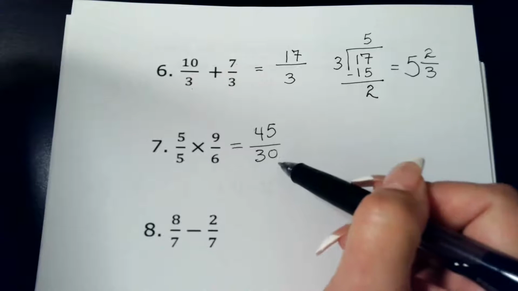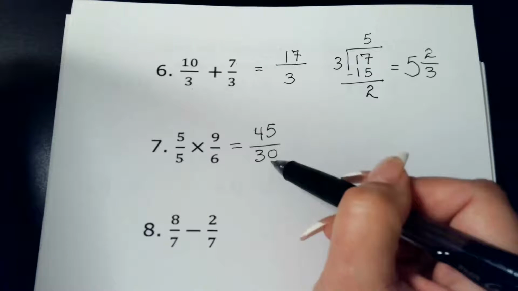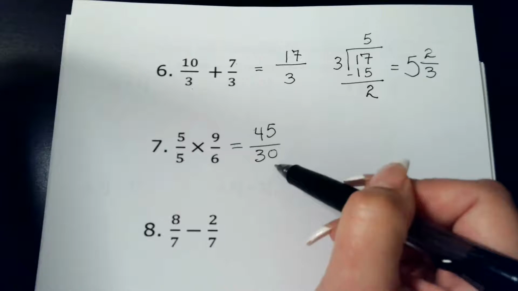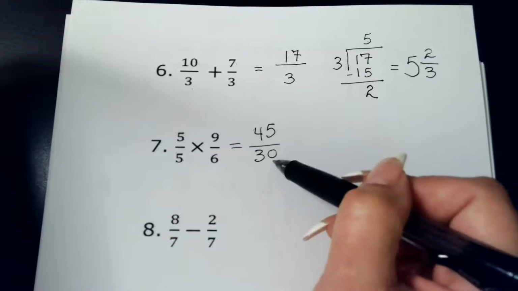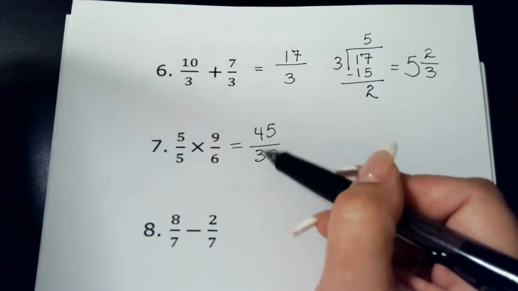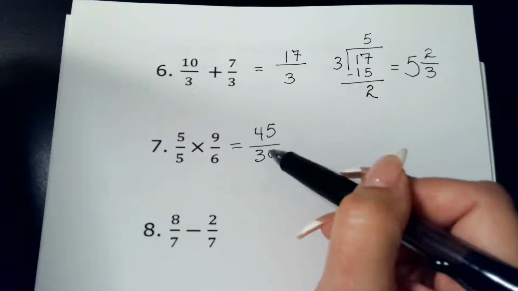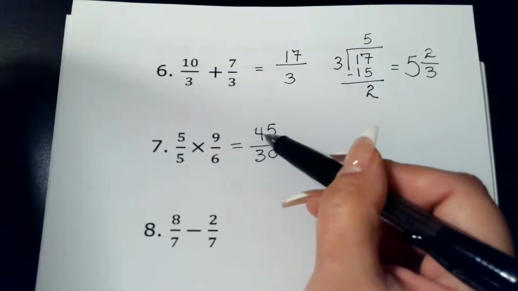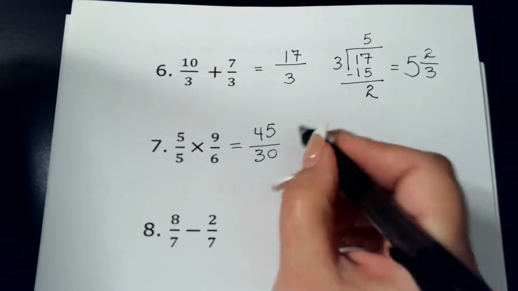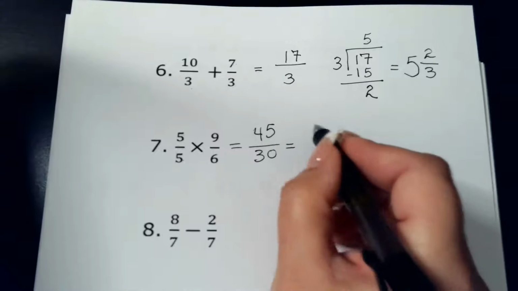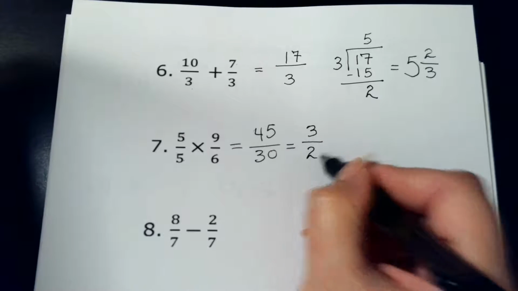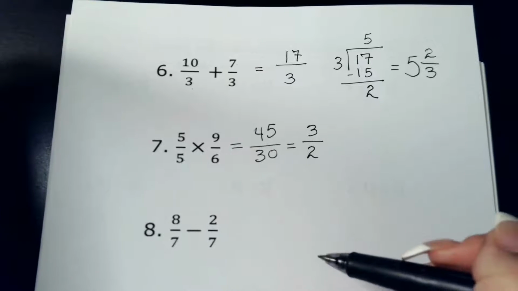So the first thing I'm going to do is look at it, and I know that both of these are divisible by 5, but I'm going to take it a step further, knowing that 2 15s equal 30 and 3 15s equal 45. I'm going to divide 15 out of both of these, and I will end up with 3 over 2. This division is much more simple.